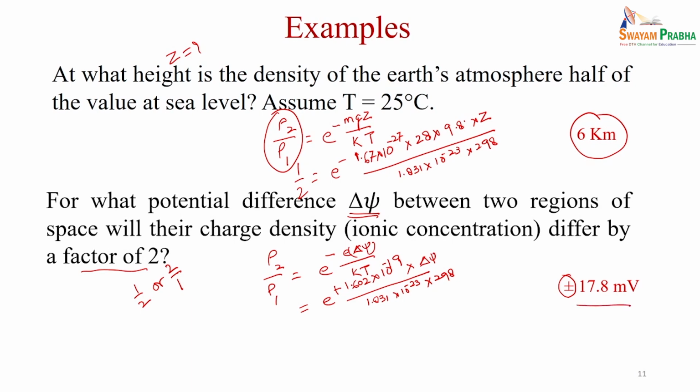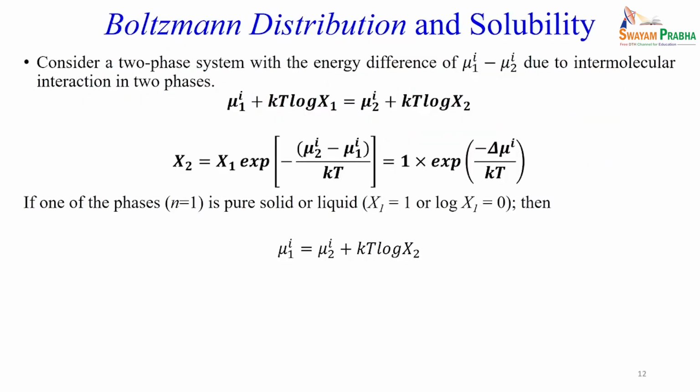So, these are the two examples which say that interaction energy or interaction potential can be related with physical or chemical properties. Now, similarly, one more example is the solubility, as we saw in the very first lecture, how we can calculate the solubility depending on the interaction energy between the molecules.